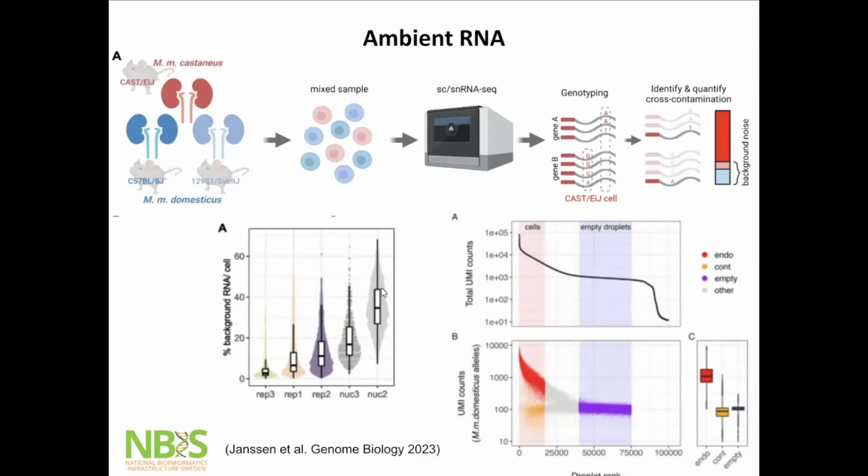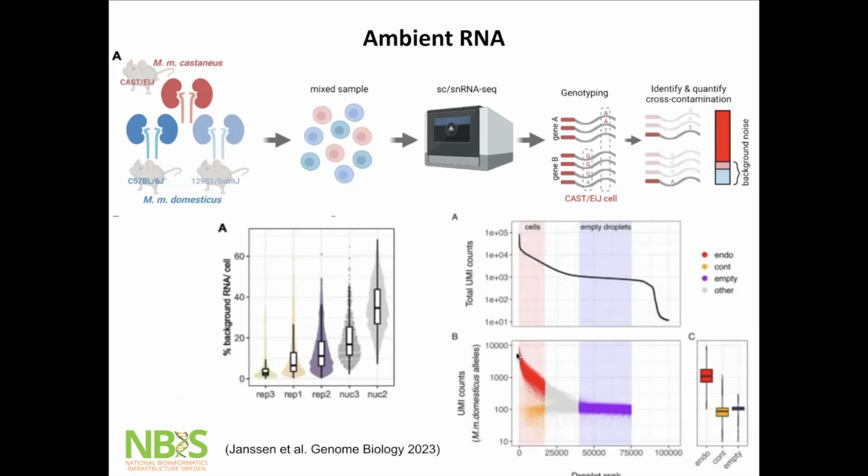One super nice paper that is looking at this with ambient RNA is this paper where they mixed 3 different mouse strains and then pooled them together and did the sequencing. Then for each cell, they look at the different SNPs that are known for the different strains, and they define each cell as belonging to one of the 3 strains, depending on the majority of the SNPs, and then they estimate the background based on all other SNPs that are from the other 2 strains.